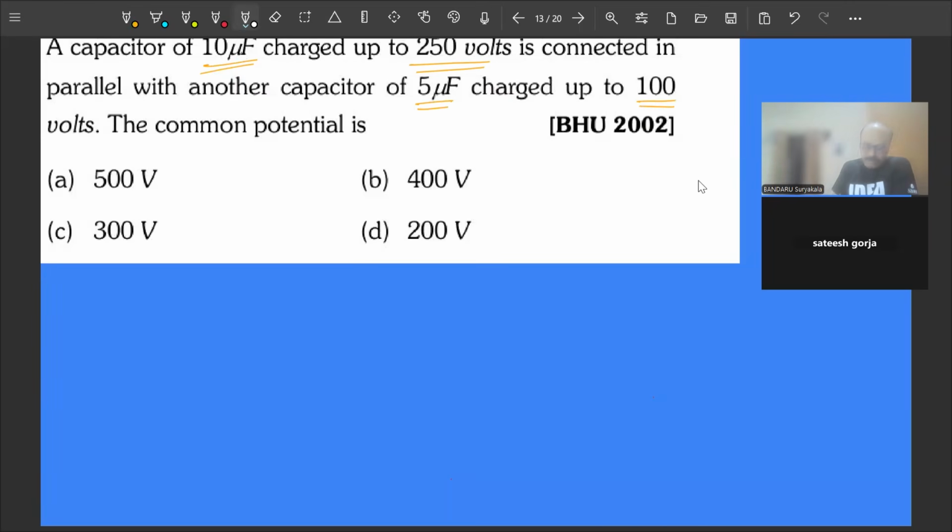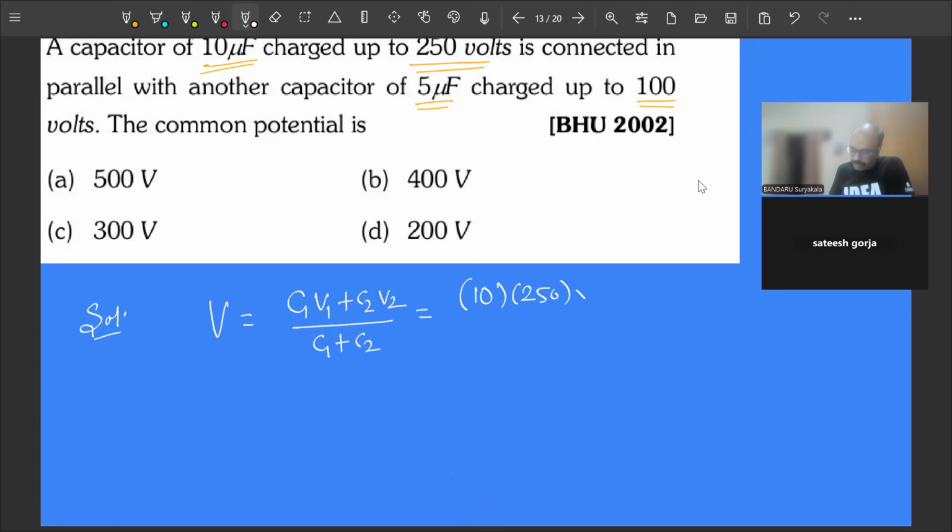So the common potential formula is common potential equals C1 V1 plus C2 V2 by C1 plus C2. C1 is 10 into 250 into 10 power minus 6, plus C2 is 5 into 100 into 10 power minus 6, by C1 plus C2, which means 10 plus 5, it becomes 15 into 10 power minus 6.